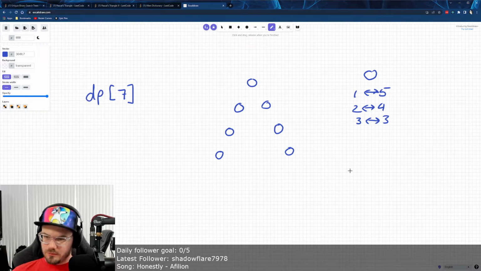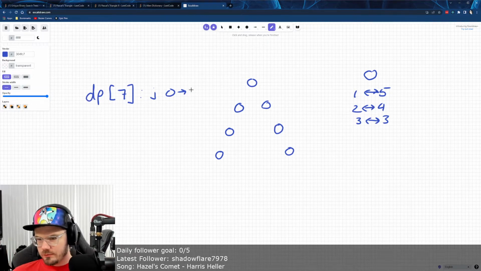So for dp of 7, do I need to iterate j? j goes from 0 to 7. No, 0 to 6. If we're doing a for loop, we'll have less than 7, and then it'll include 6.